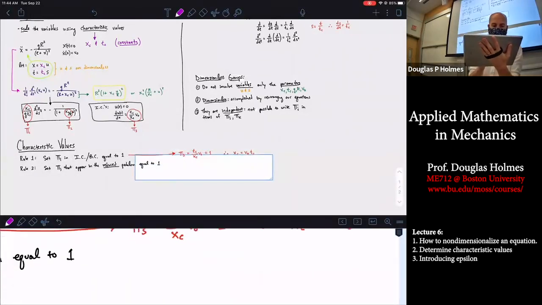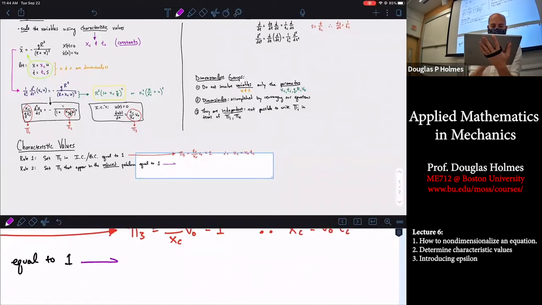Now let's go to the second rule. The second rule says pick the pi that appears in the reduced problem. So let's look at our equation.